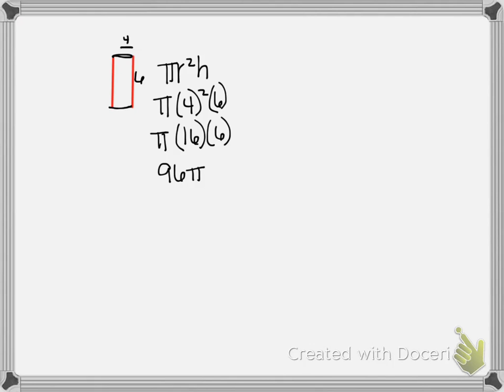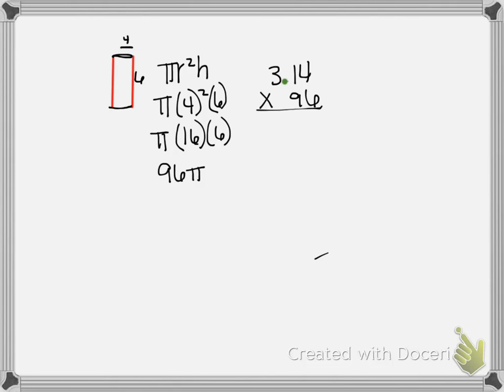Now that is an exact answer because we know that pi is an irrational number and that we would have to round it. However, if the problem asks you to do that, then you would just say, okay, 3.14, or you could use the pi button in your calculator, which makes you a little more exact if you have that access. So 3.14 times 96.